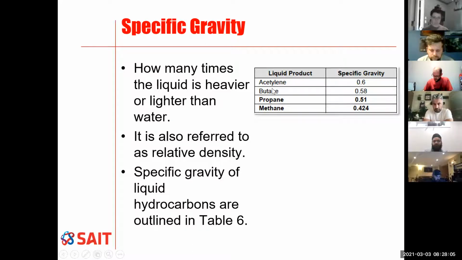As a liquid, butane is 0.58. As a liquid, propane is 0.51. Methane is 0.424, meaning that they are all lighter than water. If you dumped these liquid products into water, they would float on the top.